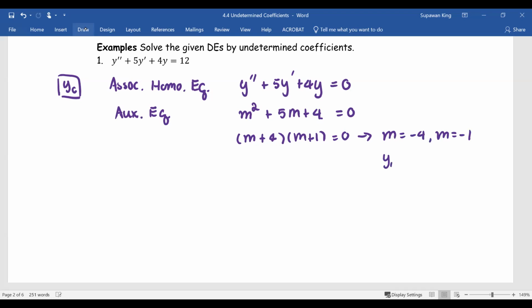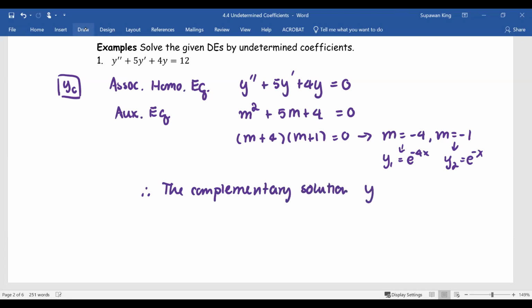Therefore, we have y1 equals e to the negative 4x and y2 equals e to the negative x. Then we get the complementary solution yc equals c1 y1 plus c2 y2, the linear combination of y1 and y2, so yc equals c1 times e to the negative 4x plus c2 e to the negative x.